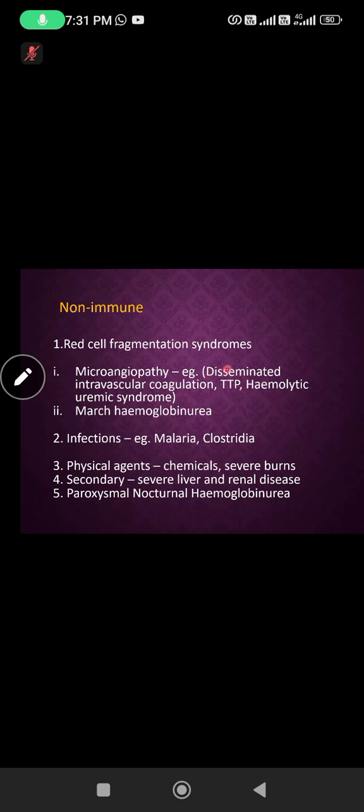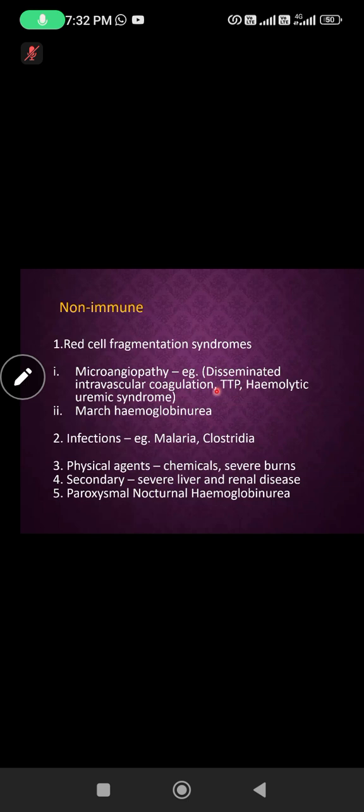Thrombotic thrombocytopenic purpura is also a similar condition. So here also there will be formation of numerous platelet clumps because of the activation of a factor called the von Willebrand factor. We can learn more about this under hematology 2 when you learn platelets and coagulation.